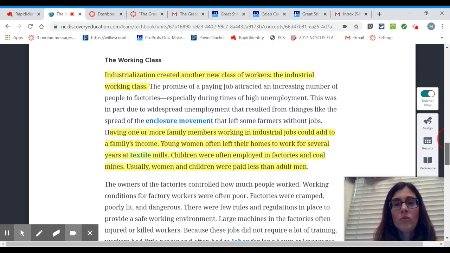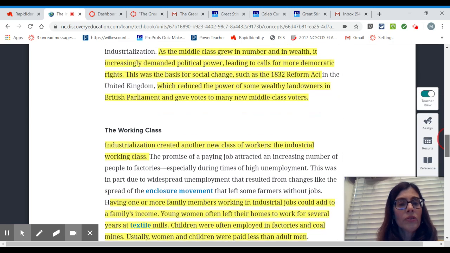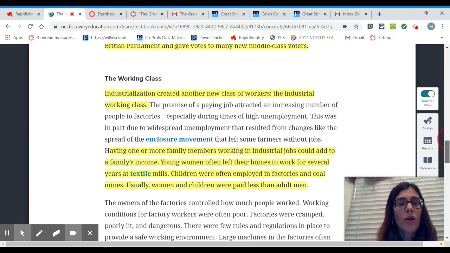All right, so we've talked about the middle class and the industrial class, and now we're going to go into the working class. Okay, so these were the people that needed money, and so they started working in the factory because they had absolutely left their farms, sold their farms.